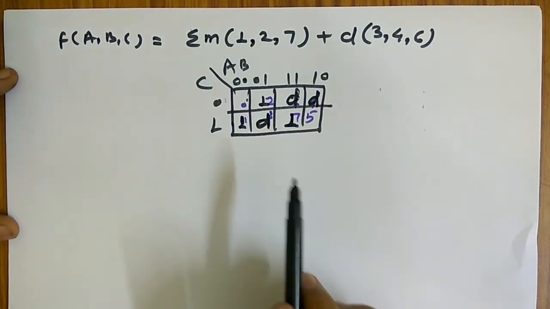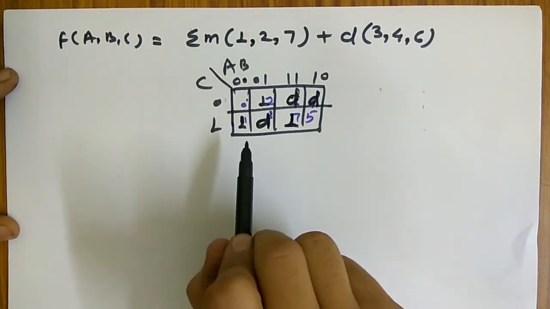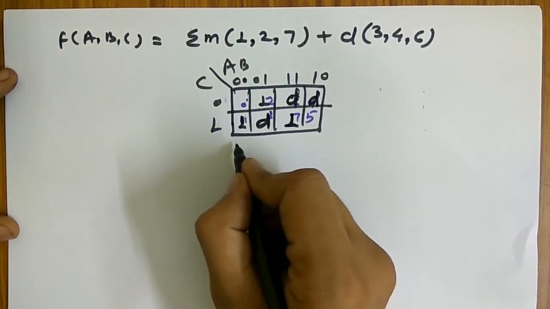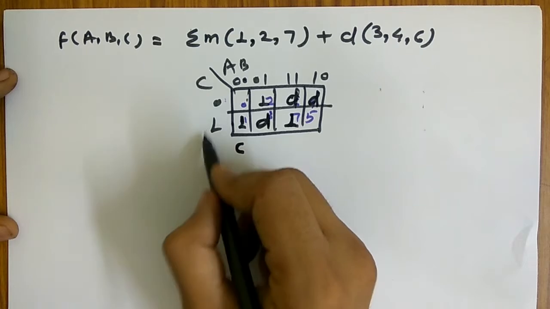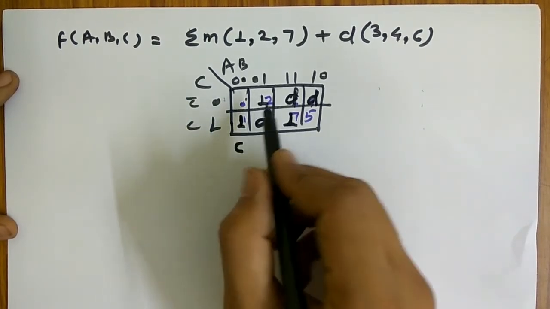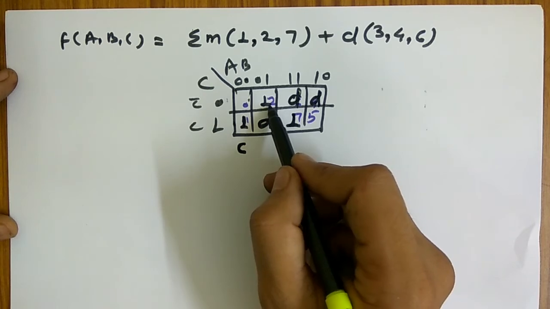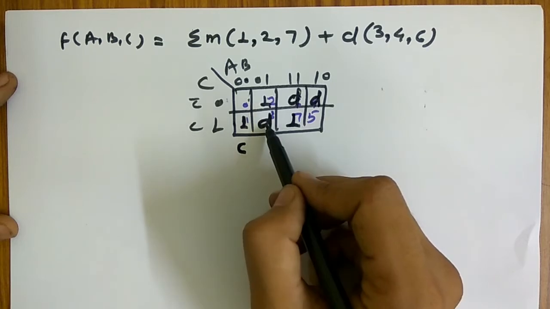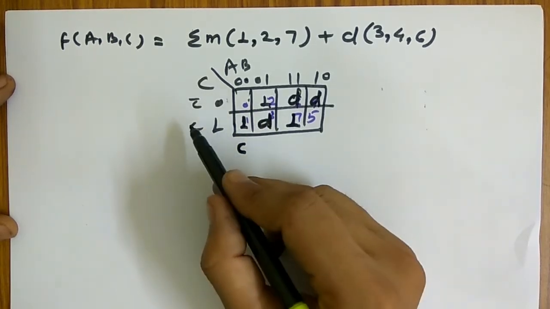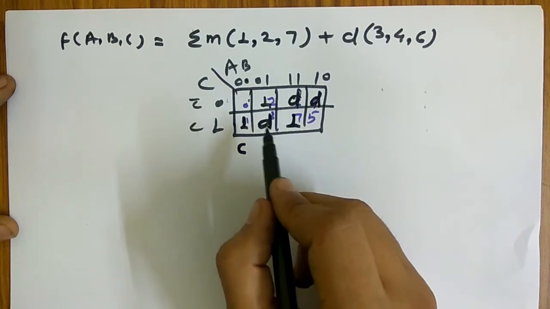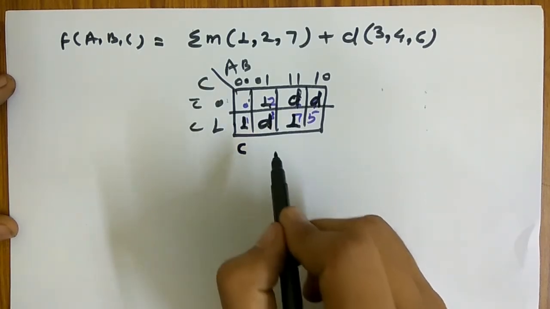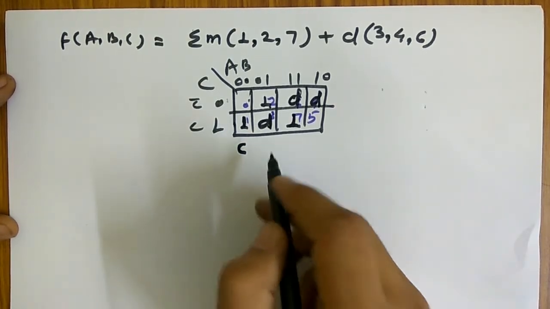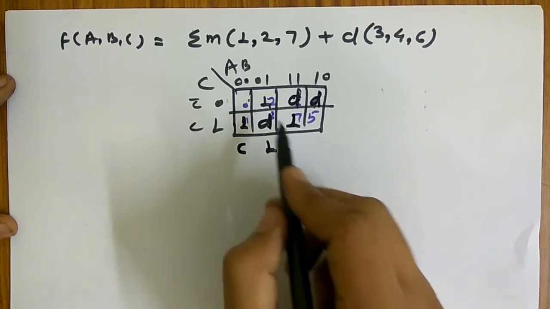See, if we are using minterms only, this is C, because this is C bar and C, this is C. And here if we are using only the minterm, we are using don't care as 0, so this will be C bar. And if we are using don't care as 1, this will be 1. Because by using don't care we are eliminating the inverter, we will use it as 1, so this will be 1.